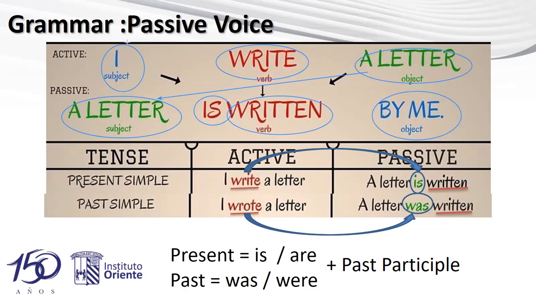Then we have is, because the verb is in present. Okay, is present. And we have the past participle of the verb write. And now the subject is the object. The order is different. Observe, please.